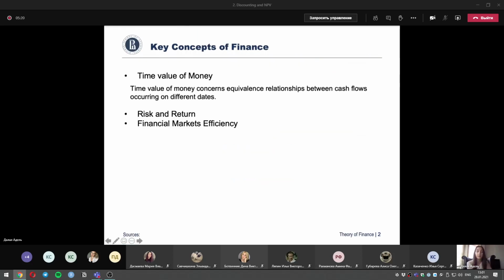Okay, so today we cover again the first concept of finance, which is the time value of money. Last time we stated and justified why $1 today is more valuable, so worth more, than $1 in the future.